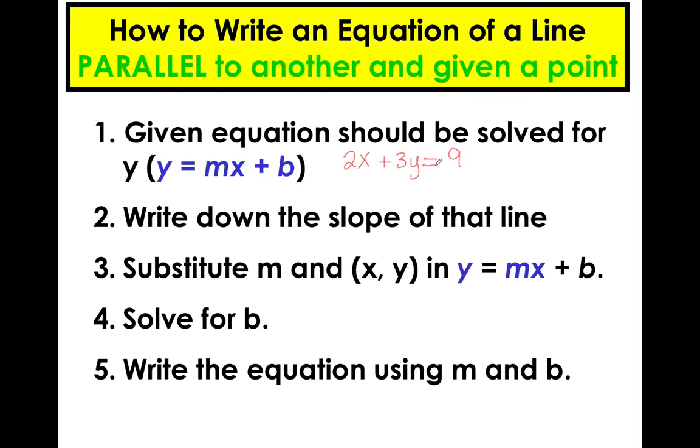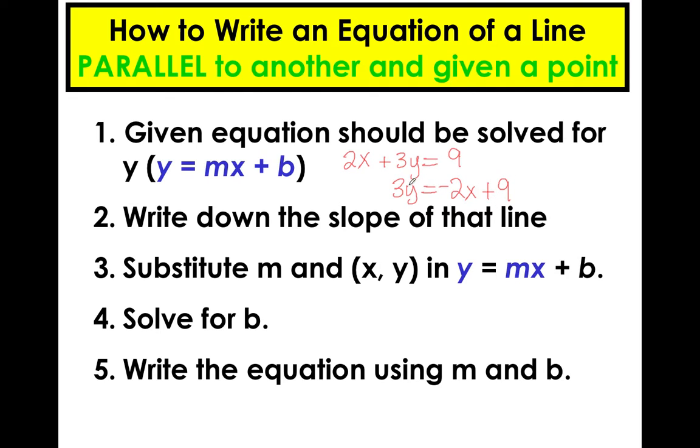There's a couple of steps we need to do. First, we take the 2x and move it over here. So we get 3y equals, and anytime you bring something across the equal sign, it changes signs. So this positive 2x becomes a negative 2x. And since this 9 stayed over here, it just stays a plus 9.